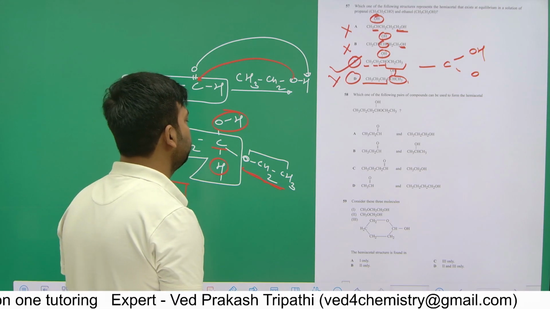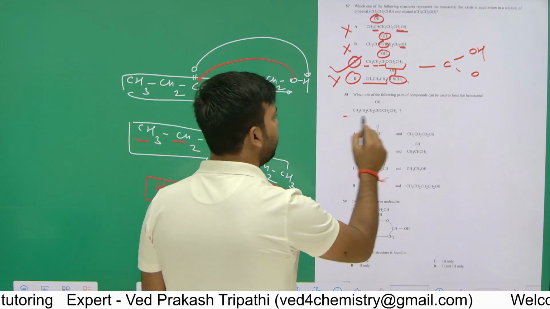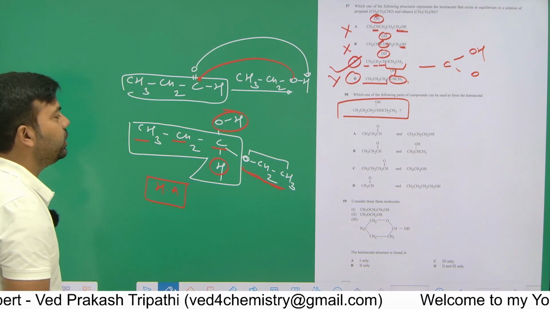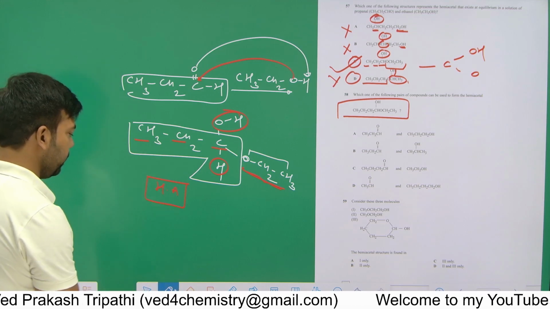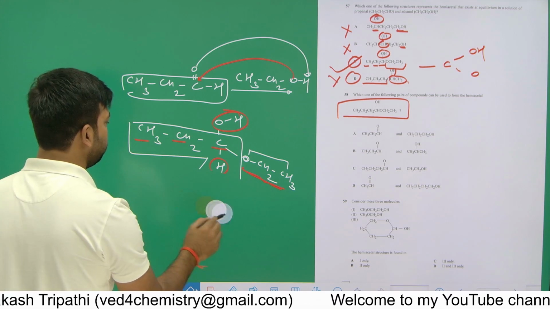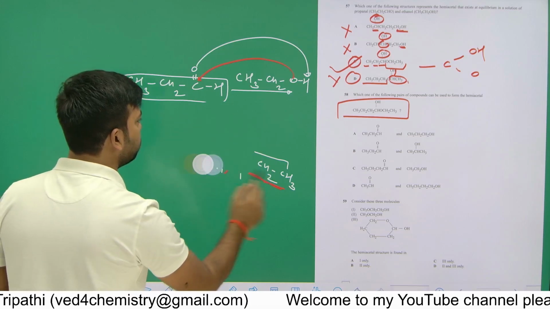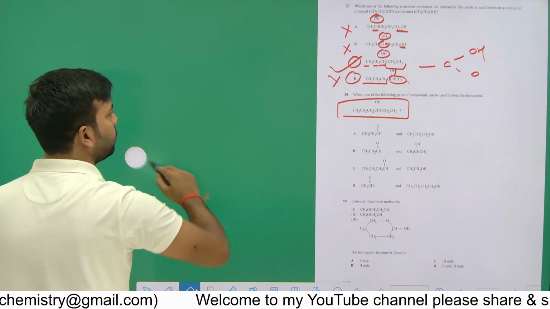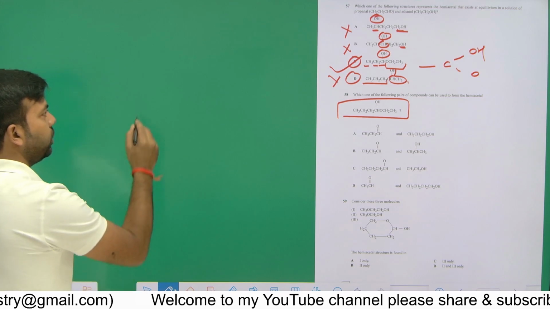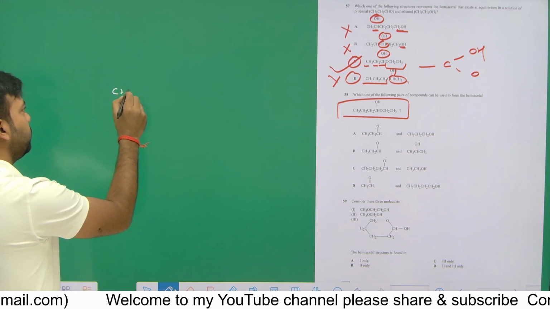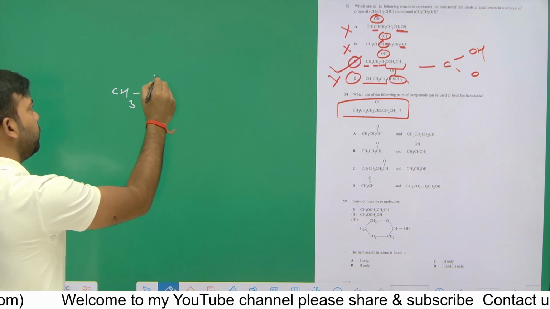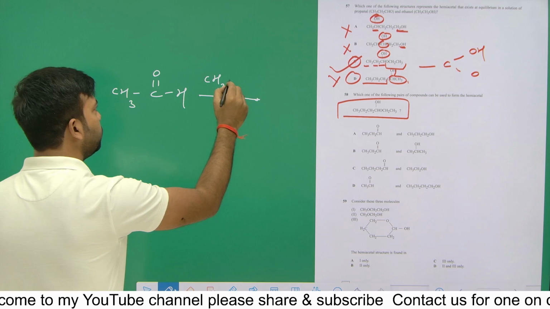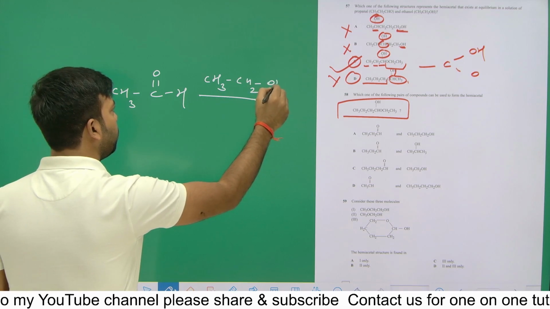Now 58. We have a product here. We have to figure out the aldehyde and alcohol. So what is happening here in the reaction? Look here again. This is my aldehyde and this is the alcohol.